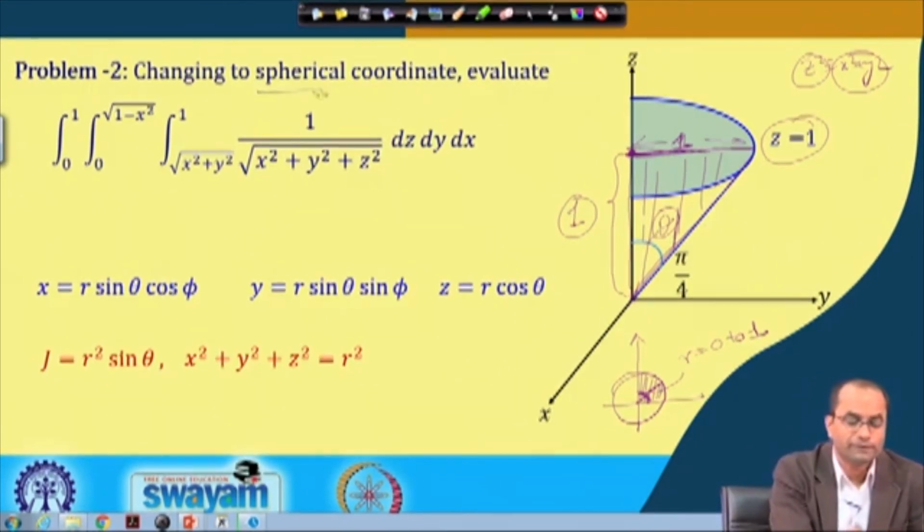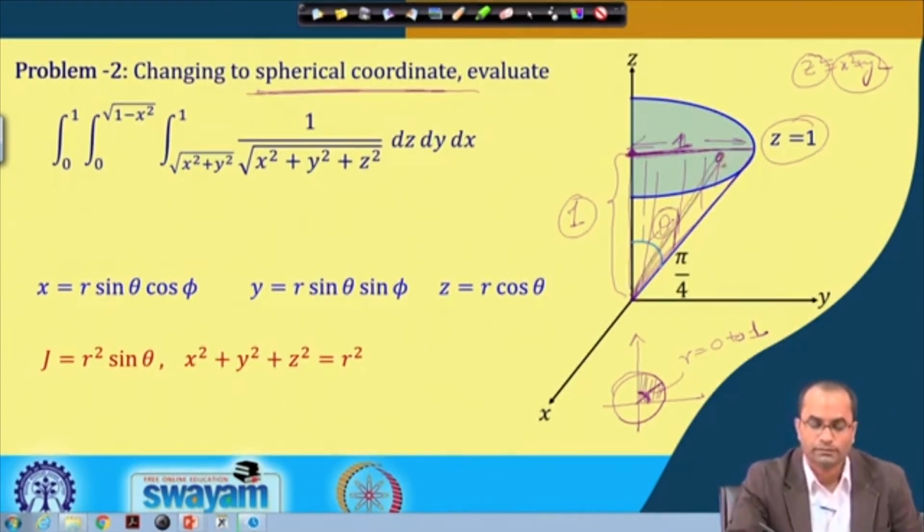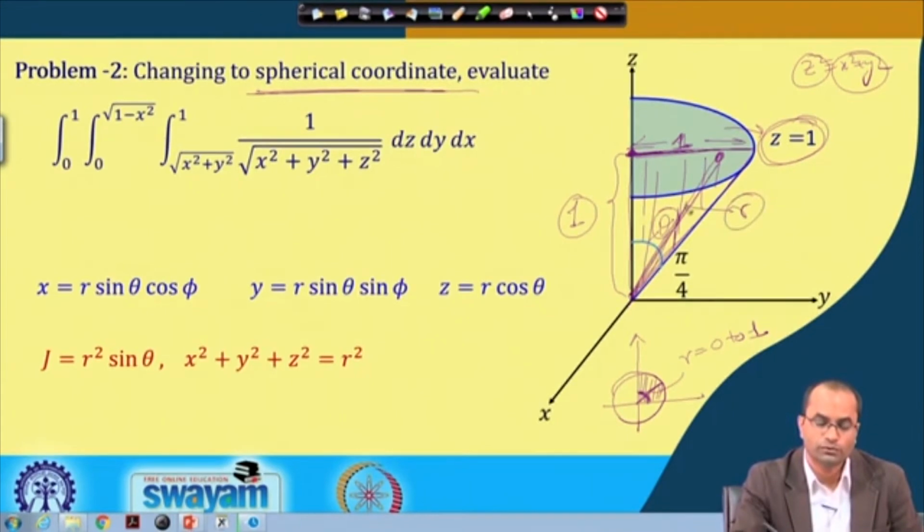We are talking about the spherical coordinate. So, we need r. So, r will be this distance from here to the points, the maximum distance there on this circular disc. So, z is equal to 1, that circular disc is nothing but z is equal to 1 there. So, we are moving from 0 for r to this disc here.